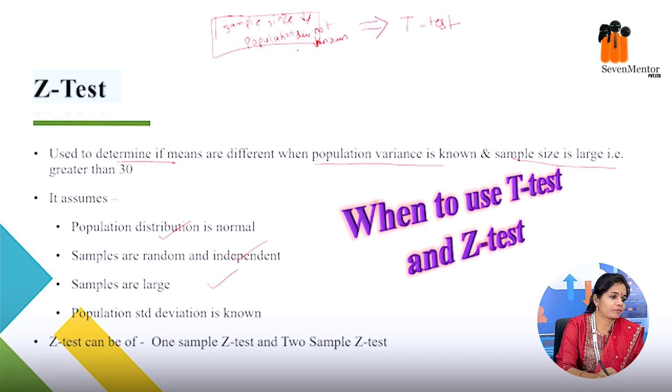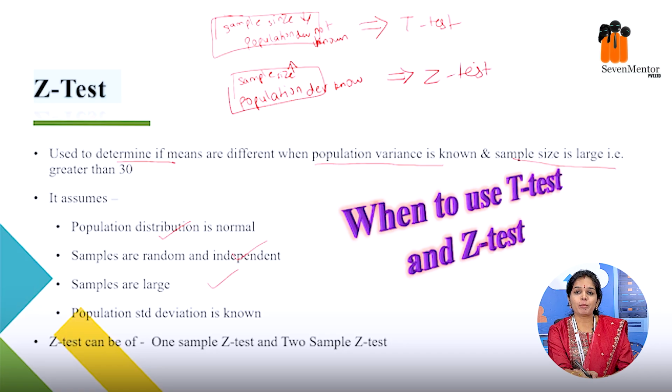T-test. If sample size is greater and population deviation is known, in that case z-test.